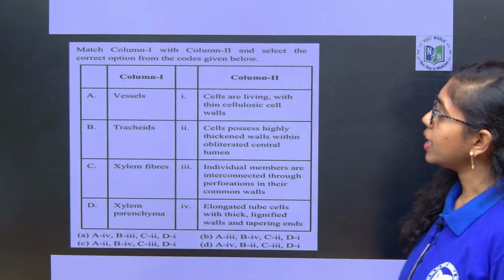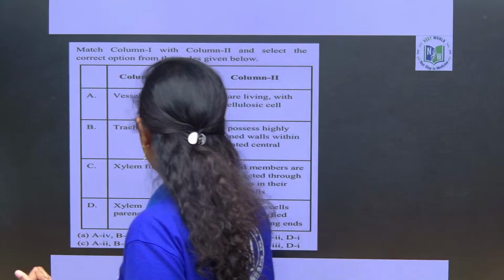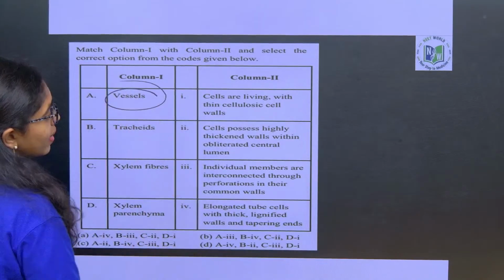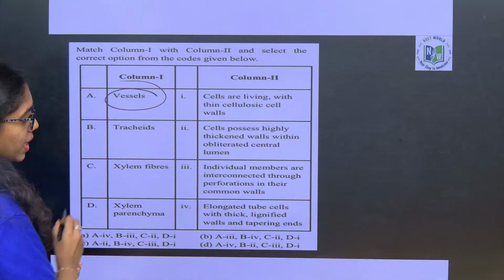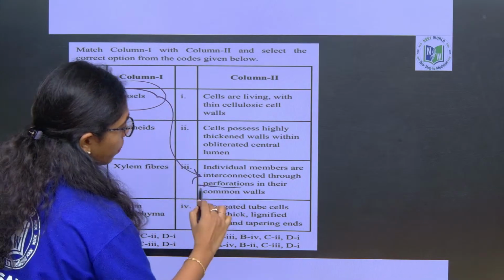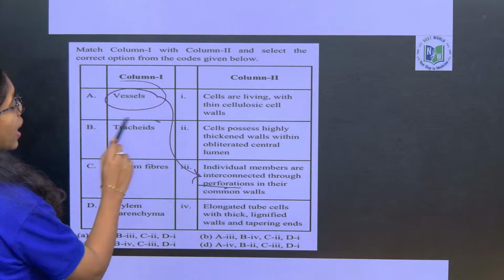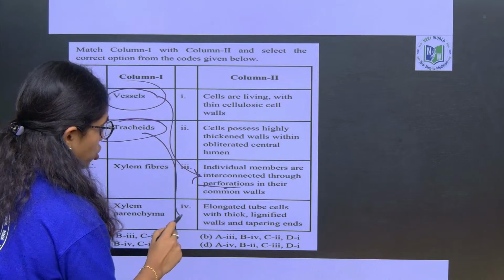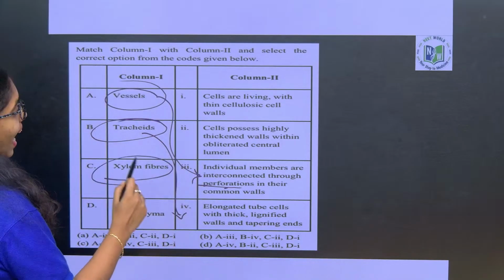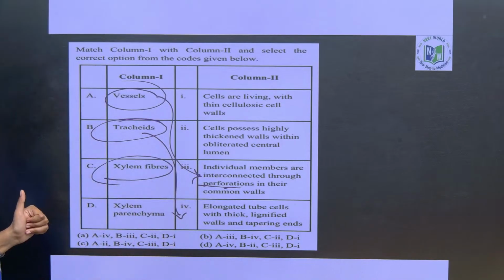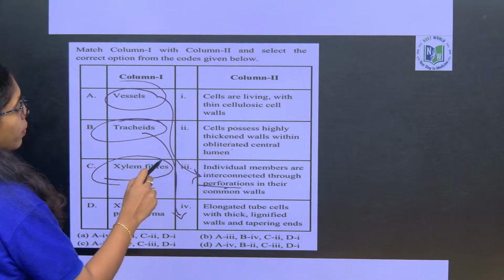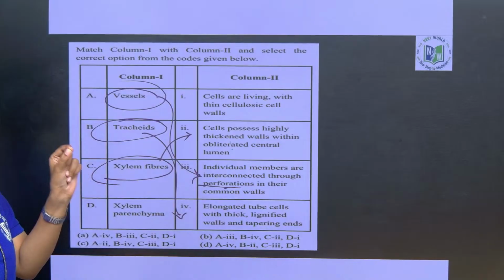Now, here is a match the following type of question, wherein vessels will have perforation plates. Just looking at perforation plates, you can go for option 3. Tracheids are long tube-like with tapering ends, so you can go for option 4. Xylem fibers possess thick cell walls and an obliterated or very narrow central lumen.